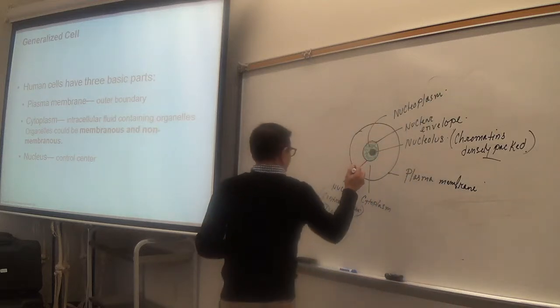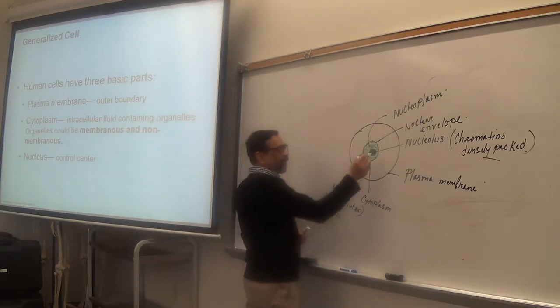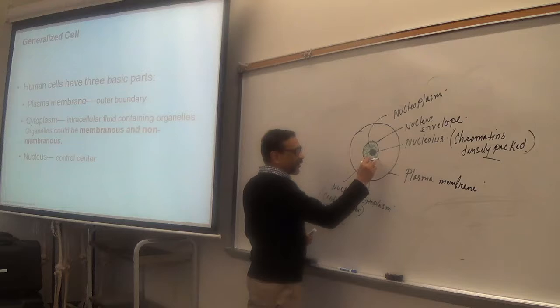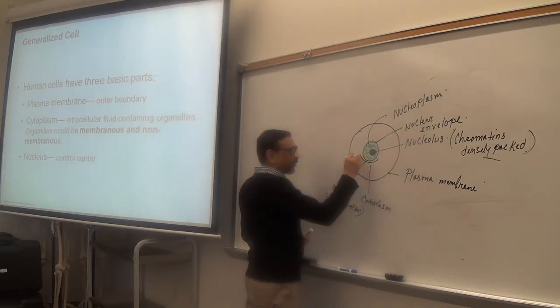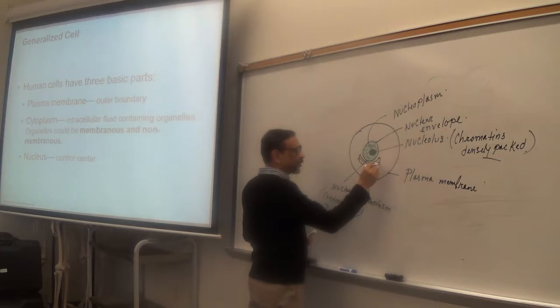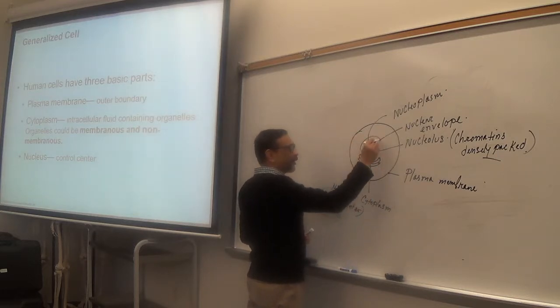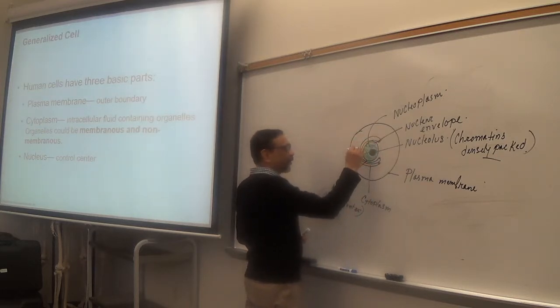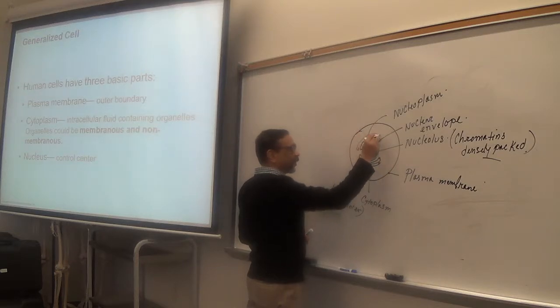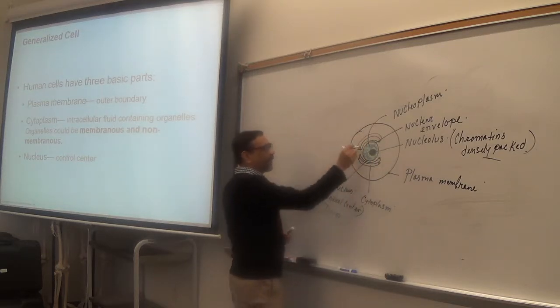Just know the name of a few of those. Around the nucleus, you have tube-like structures like this. Tube-like structures attached to each other around the nucleus, and those are called endoplasmic reticulum or ER.